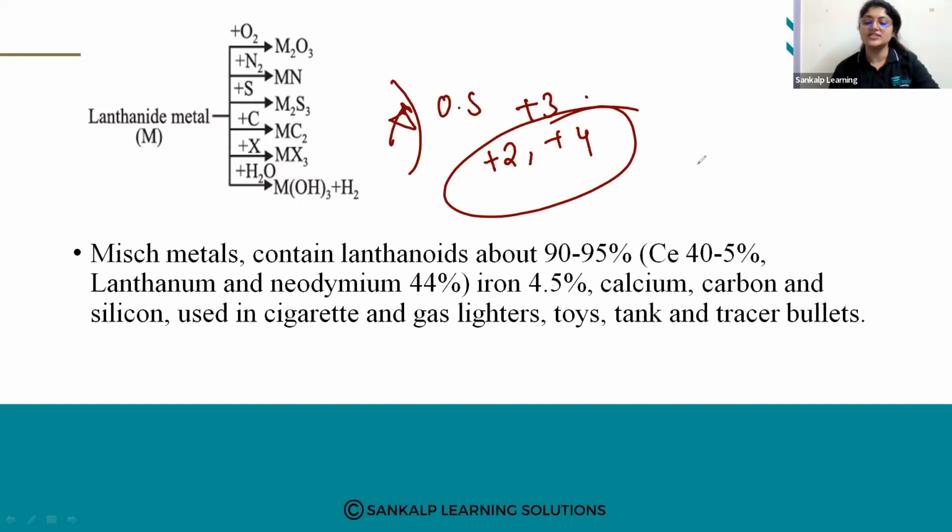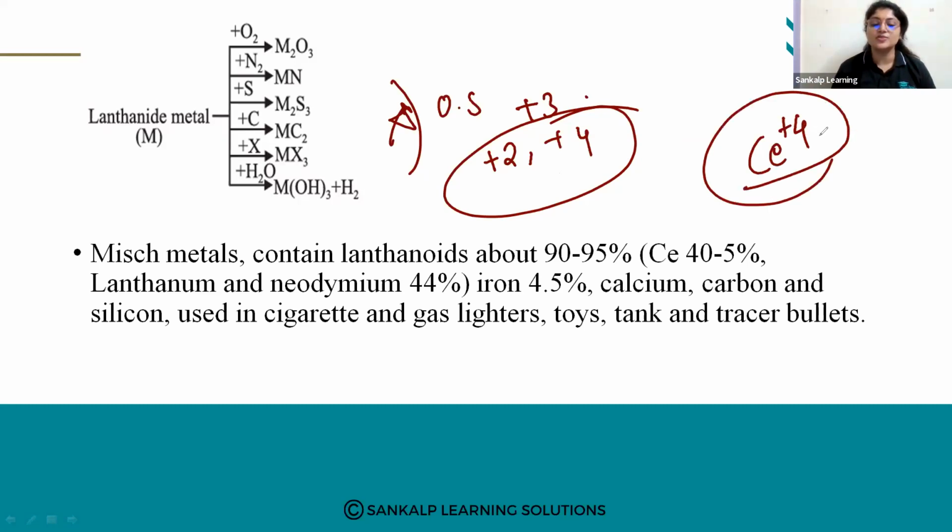The +4 oxidation state of cerium is due to the noble gas configuration. But it is a strong oxidant and hence easily undergoes reduction to form the +3 state. So cerium mostly forms +4 due to the noble gas configuration, but as a good oxidant it is easily reduced and forms +3 also.